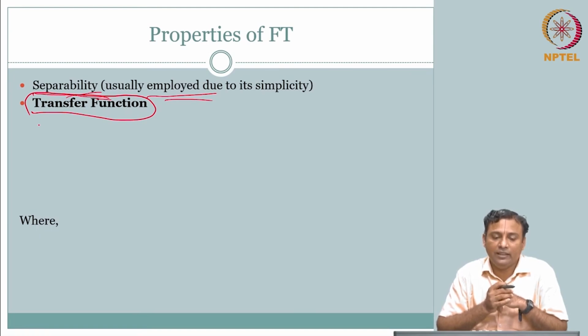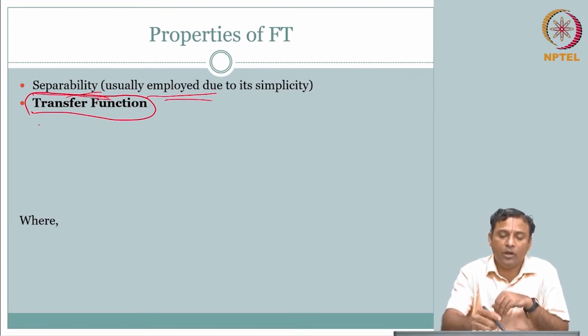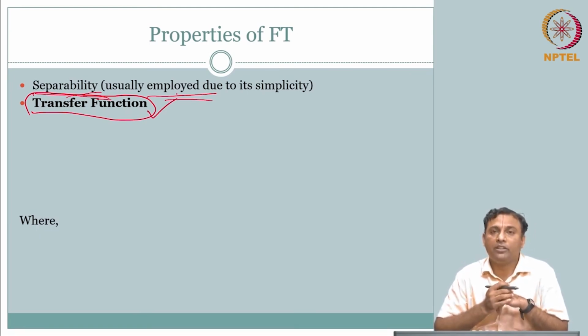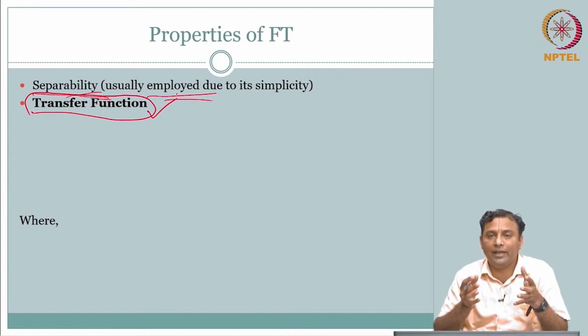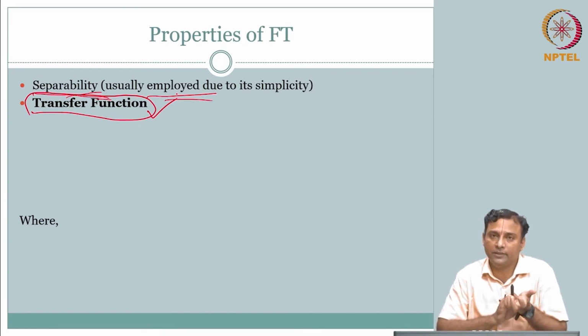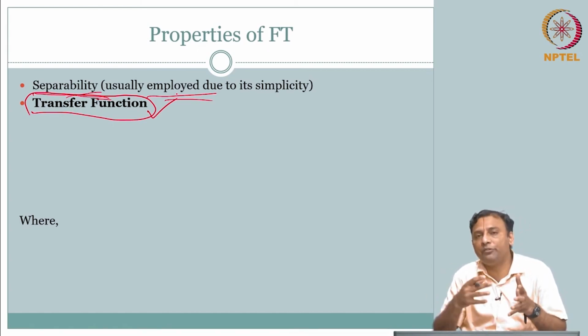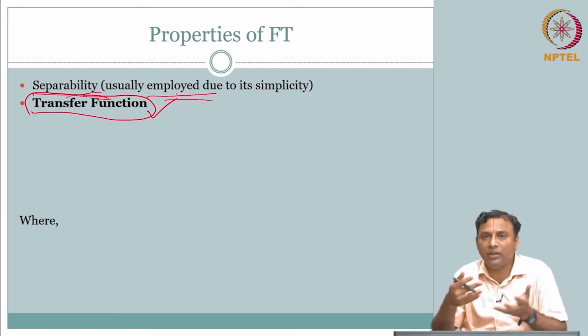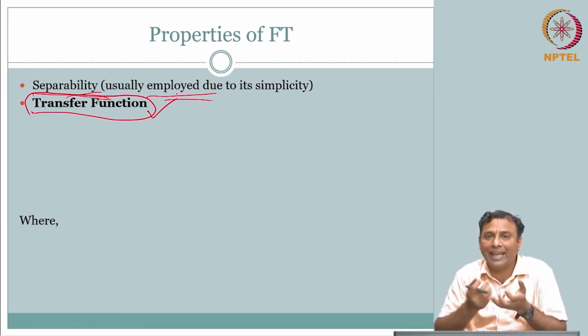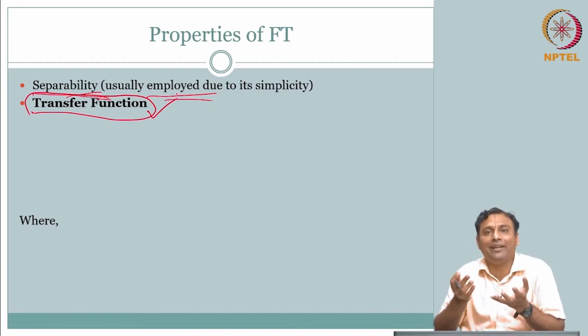Essentially, the transfer function is an important concept. We saw the system impulse response in the spatial domain. If you are going to do spatial domain analysis of the system, you can use the impulse response. Whereas if I want to do the analysis in the equivalent frequency domain, I need something to analyze it. I need to be able to characterize the system in that domain.